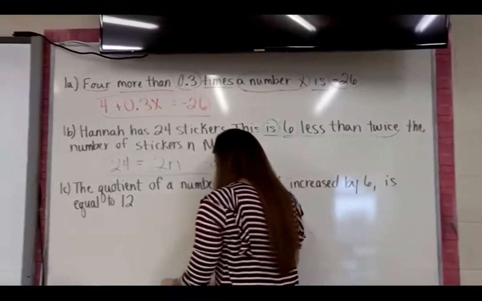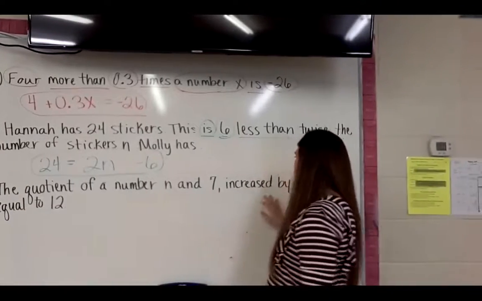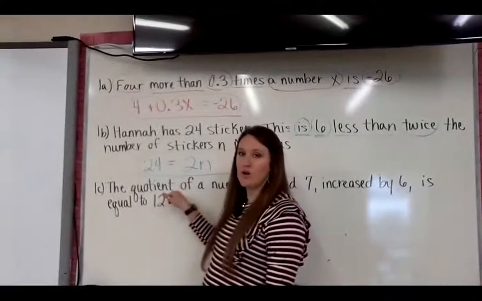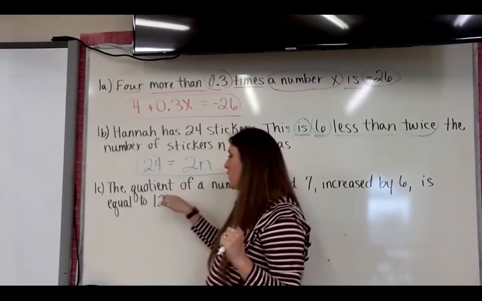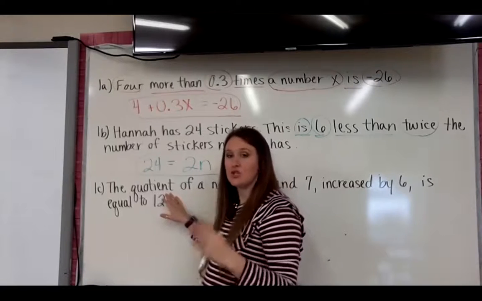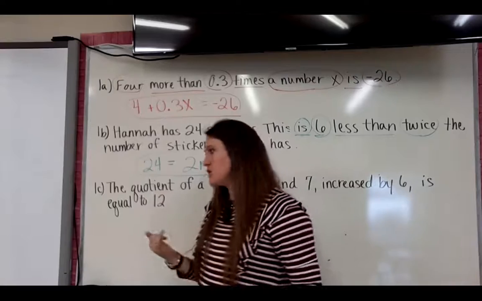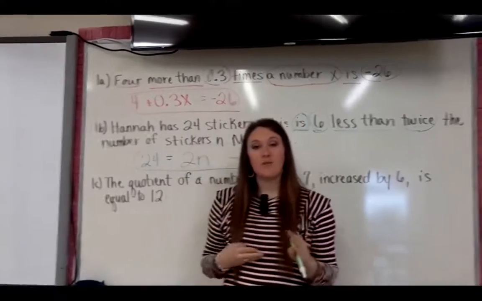Okay, this last one. It says the quotient of a number n and 7 increased by 6 is equal to 12. The word quotient means the answer to a division problem. So anytime you have the word quotient, product, sum, or difference, it means you're going to have to find the word and.